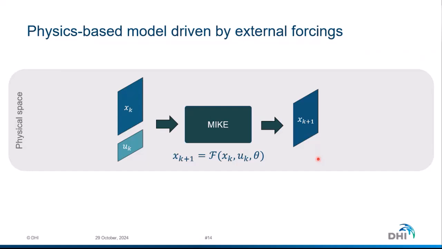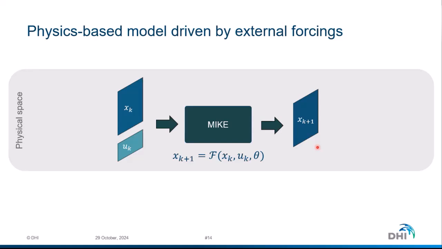In our case, that would be the open boundary conditions and the meteorological conditions on top of the water, and maps them onto the next time step. That's what you see here: the state, surface elevation and two components of the currents, and the forcings. We integrate and get the next time step. That's how all the Mike models and similar models are working.